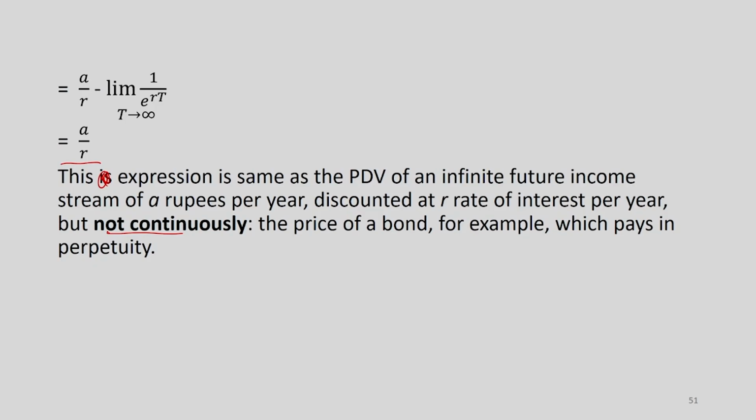So there was discounting, but the discounting was discrete. So there also I got the same expression, a divided by r, as the present value. So here also we are seeing the same thing. The exact example that I gave was that of a bond which pays a return in perpetuity. There the value of the bond, or the price of the bond, was given by a divided by r.